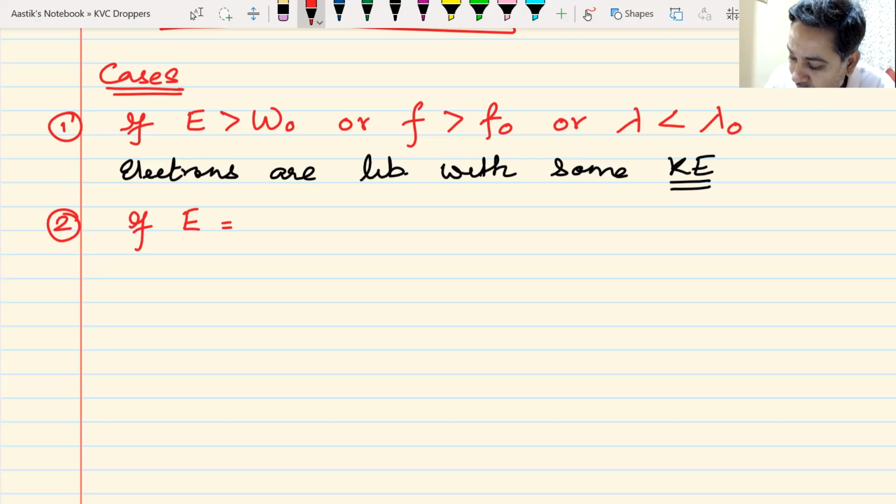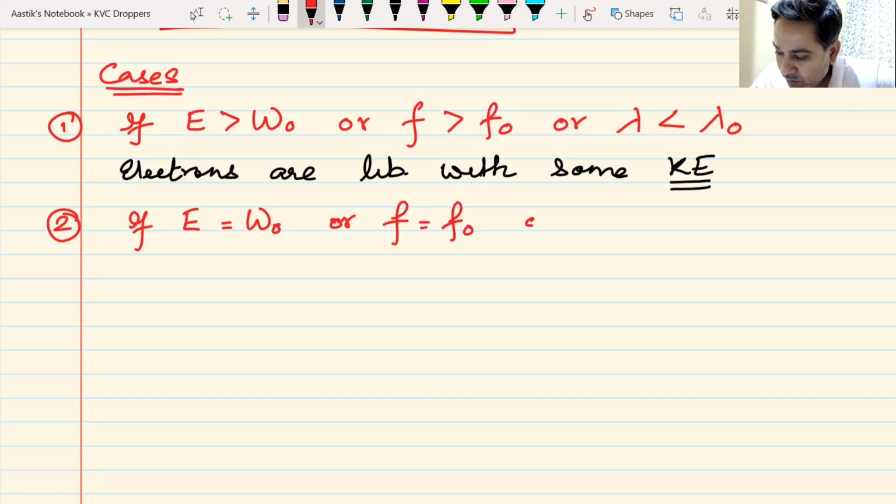If E is equal to W naught, or the other way I can write it as f is equal to f naught, or the other way, lambda is equal to lambda naught. Then what will happen? Common sense is physics, and physics is fascinating.